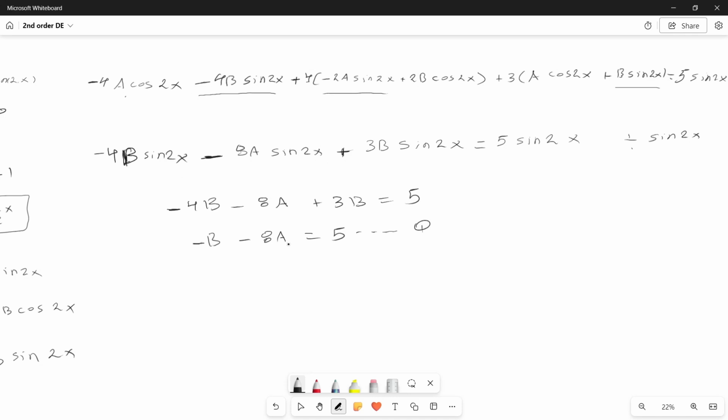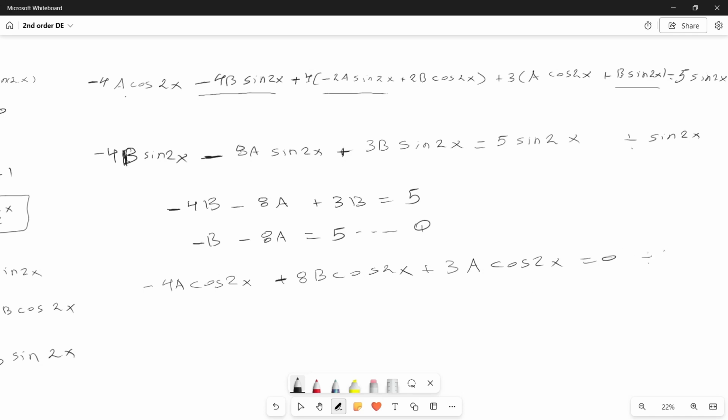And we have all the cosines together, so negative 4a cosine 2x, 4 multiplied by 2 is plus 8b cosine 2x, and 3 multiplied by 1 is plus 3a cosine 2x, is equal to 0.